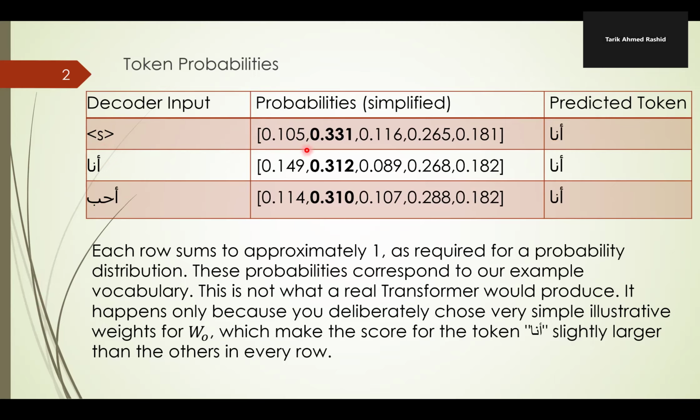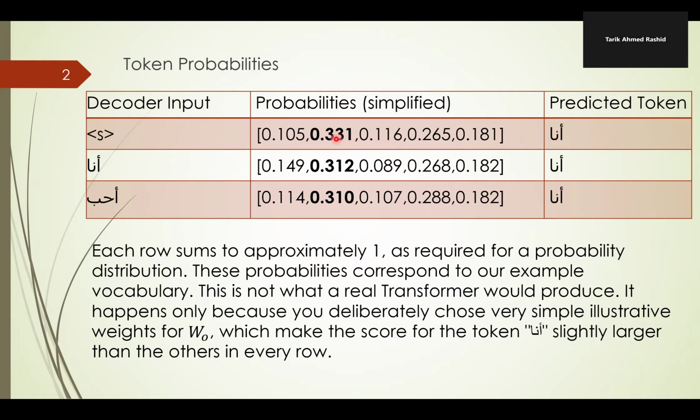If we sum up all these features in each row, we should get 1. So for example, 0.105 plus 0.331 plus 0.116 plus 0.265 plus 0.181 should give you 1.